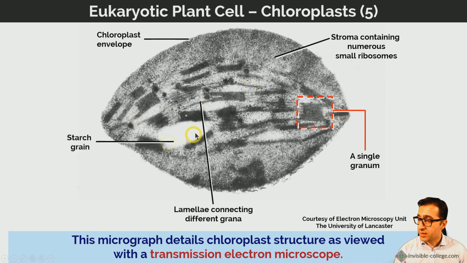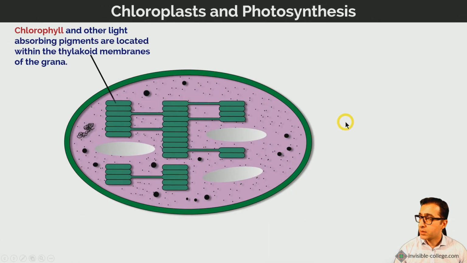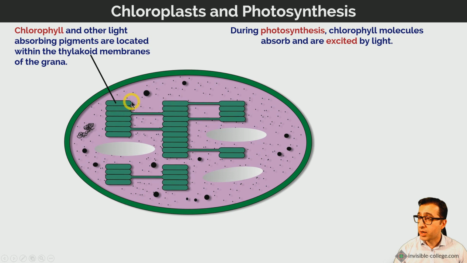Here we can see a starch grain which comes up as a white object under the micrograph here. And you can also see these dark circular lipid droplets. So chlorophyll and other light-absorbing pigments are located within the membranes of the thylakoids.